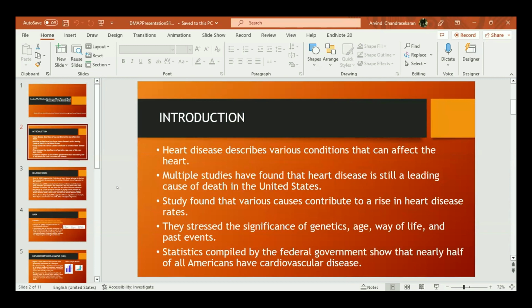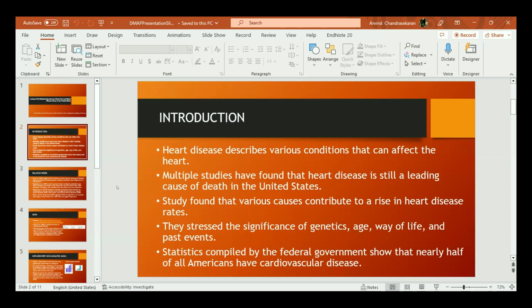Multiple studies have found that heart disease can lead to death. Various cases arise in the data of heart disease cases.